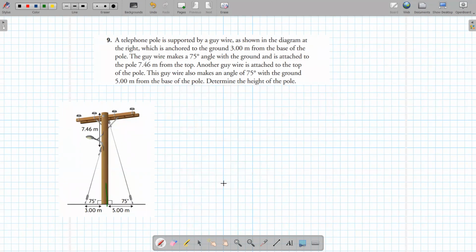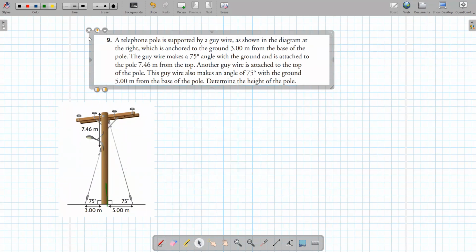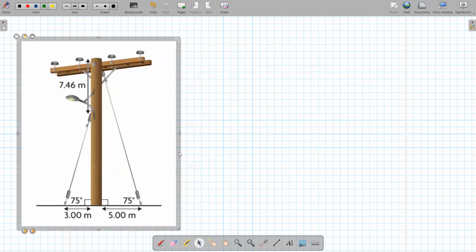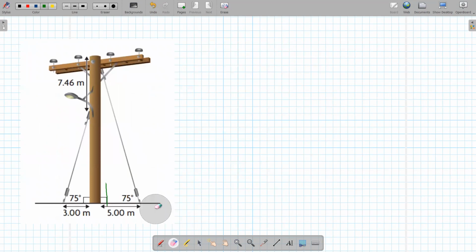You don't even need this wording actually. They've already given you the diagram. So we're going to find the height of the pole. What would we do first?